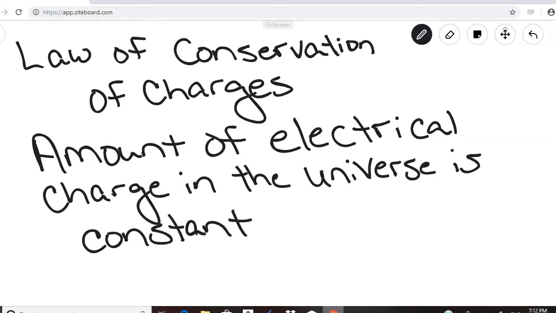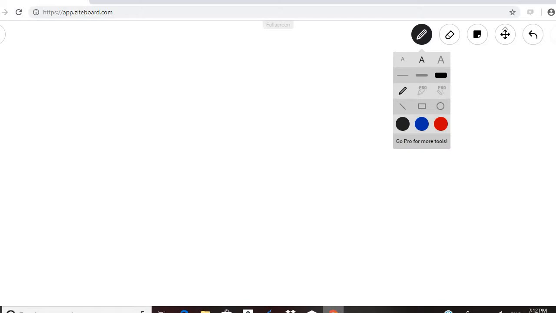So in other words, if one substance loses electrons, another must gain them so that the law of conservation of charges is maintained.